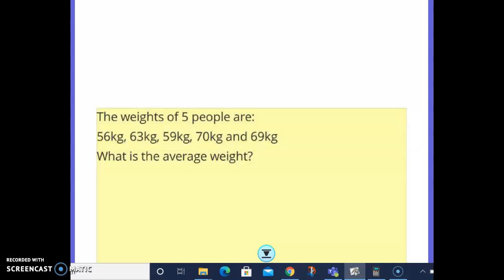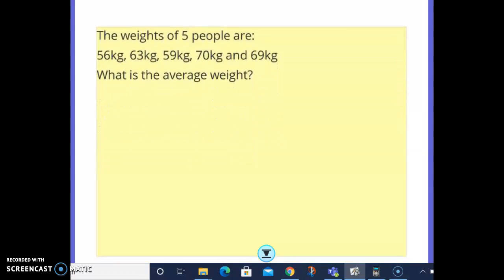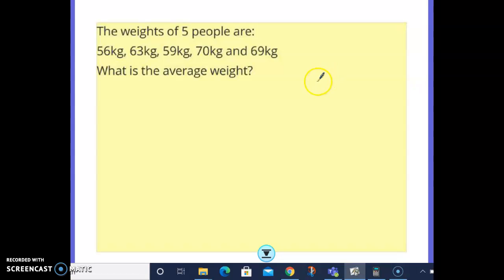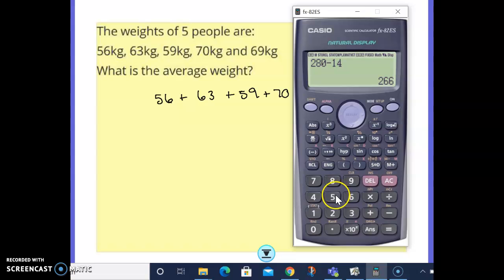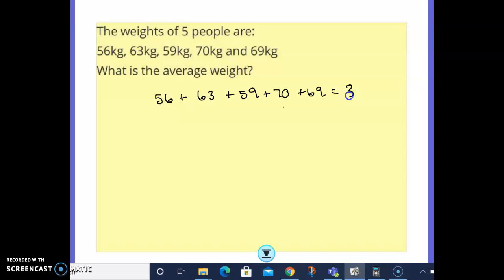Next question then. It's our average question. The weights of 5 people are 56, 63, 59, 70 and 69. What's the average weight? I'm going to start by adding them all together. So 56, add 63, add 59, add 70, add 69 equals 317.